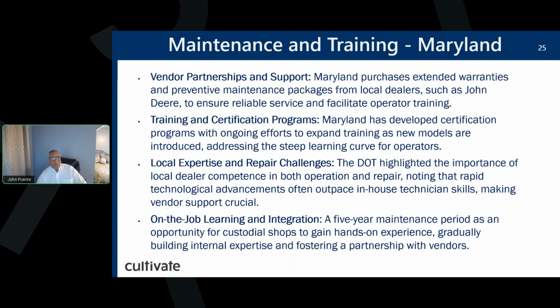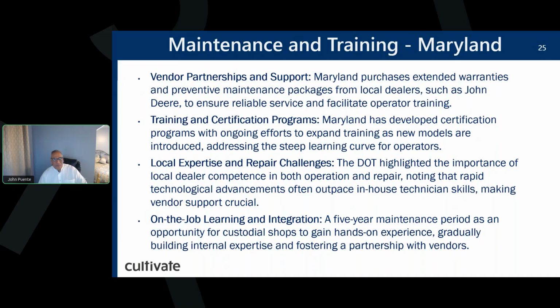Okay, Maryland mentioned that purchasing extended warranties and preventive maintenance packages from dealers actually helped them keep their fleet running and operational. So there wasn't a lot of downtime, or not as much downtime, I should say. They're also big on training, where certification programs were mentioned, just like the other states.